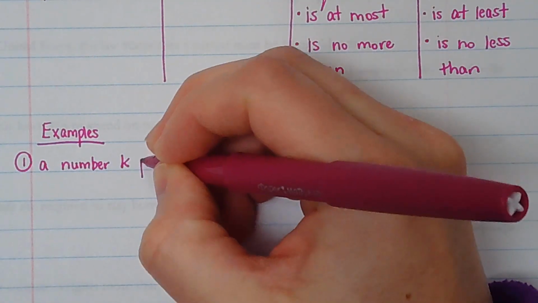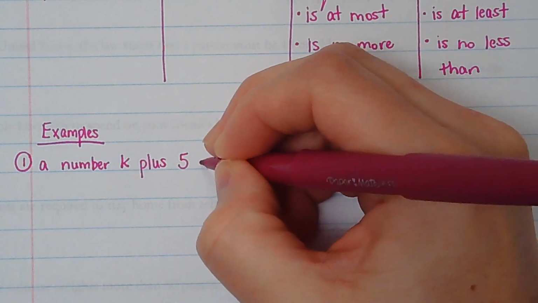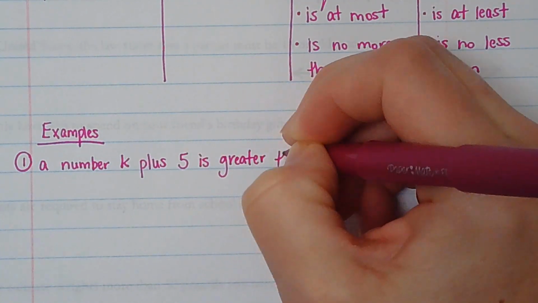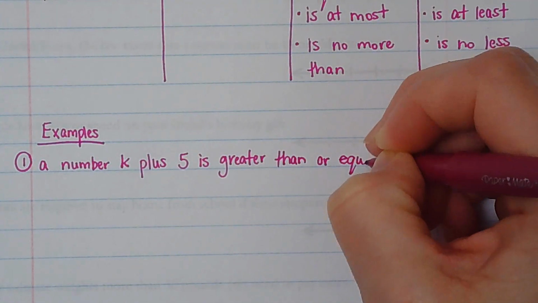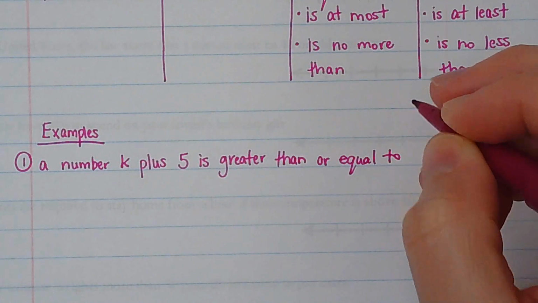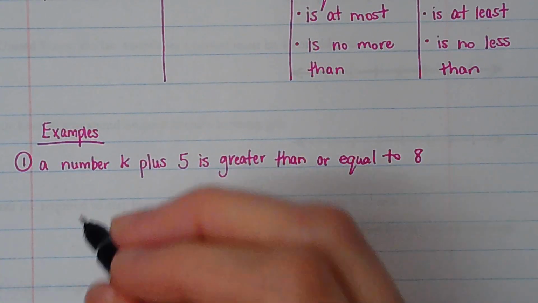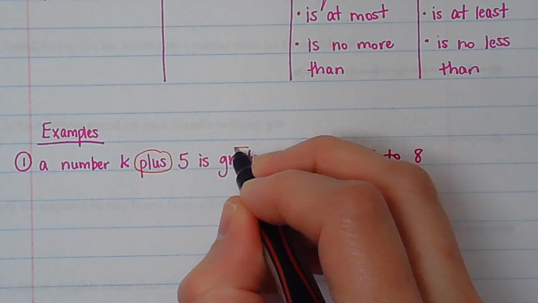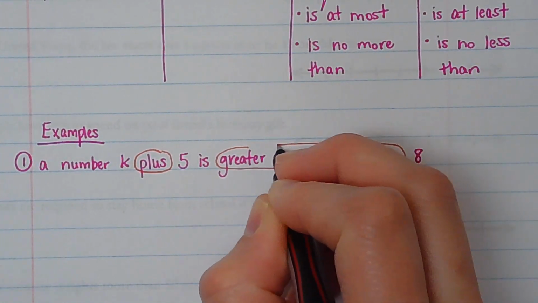So a number K plus 5 is greater than or equal to 8. All right, so a couple key things I see going on here. I see the word plus, and then I see greater than or equal to.